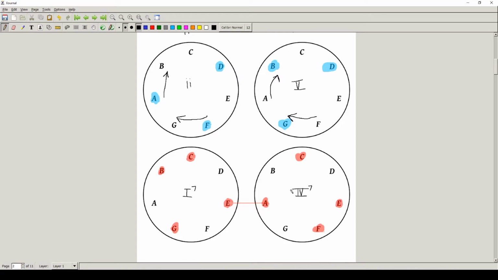So in other words, when I'm thinking about the complementary chord progression, B here is forced to move into the hole at A. And G, likewise, in the complement, is forced to move to fill the hole at F.